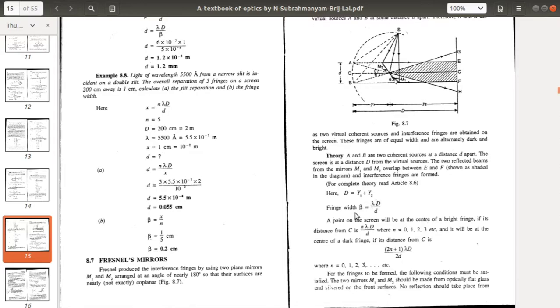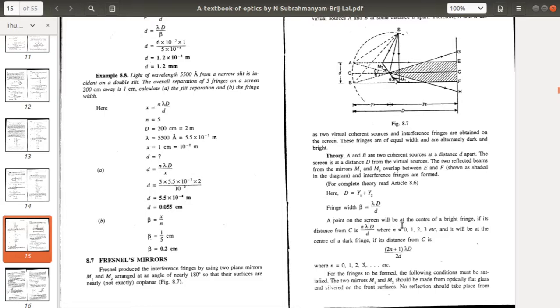We know the equation of fringe width: beta equals lambda capital D by small d, where lambda is the wavelength of the light used, capital D is the distance between source and screen, and small d is the distance between the two monochromatic sources of light. Here, the virtual sources act as the sources. So this is the common equation for fringe width or bandwidth.